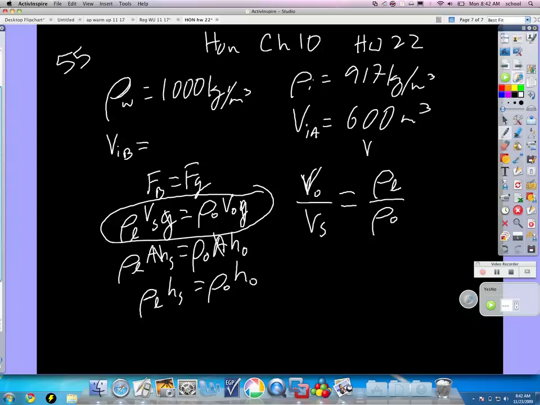So volume, oh, we don't know the volume of the object. We have to say the volume of the object is equal to the volume above plus the volume below.